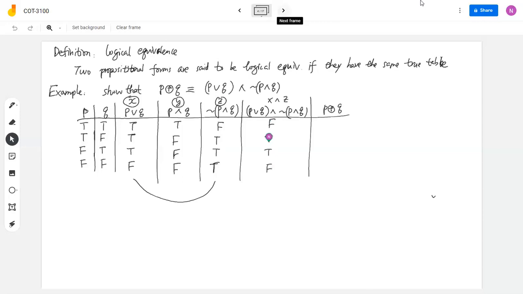And what is P exclusive or Q? Remember, it is F when both are true, T when one is true, and when both are false it is false. So then we're done. Why? Because you can see that these two last columns are just equivalent.